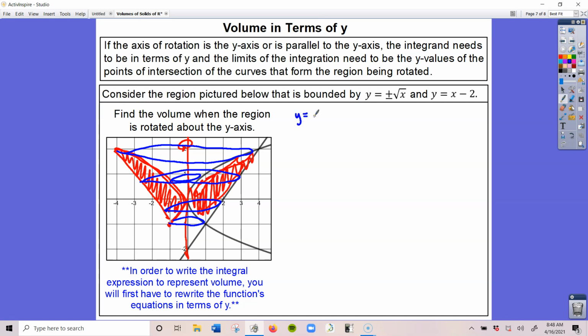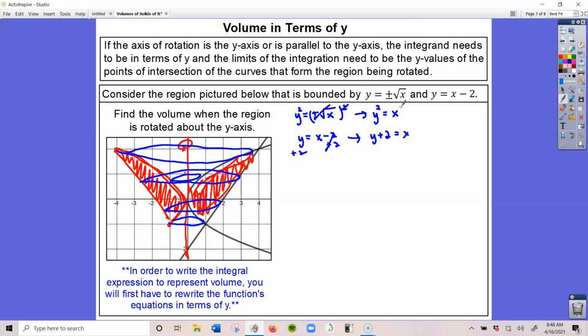So if y is equal to plus or minus the square root of x, I would square both sides to cancel out that square root, and I get that y squared is equal to x. And then if I take y is equal to x minus 2, I would have to add the 2. So y plus 2 is equal to x. So these would be my functions now.